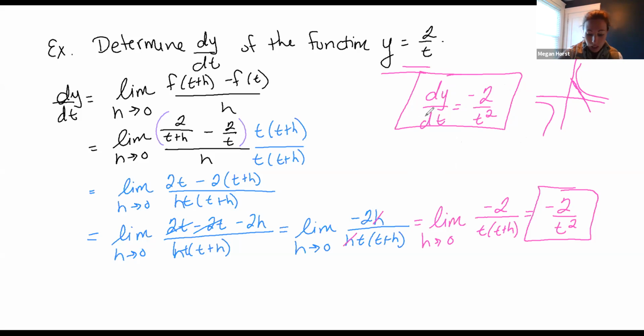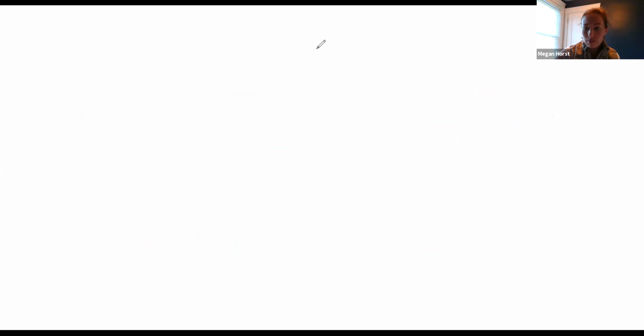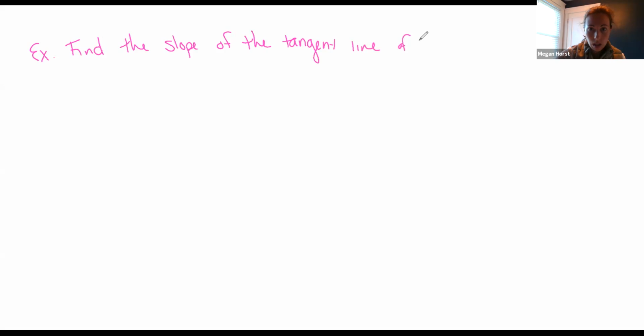All right, let's look at one more example. In this example, we're actually going to find the slope of the tangent line at a given point, and then we'll look at Desmos afterwards to verify what's going on. All right, our last example is to find the slope of the tangent line of f of x equal to the square root of x at 1, 1.